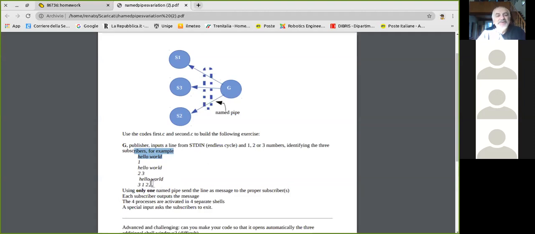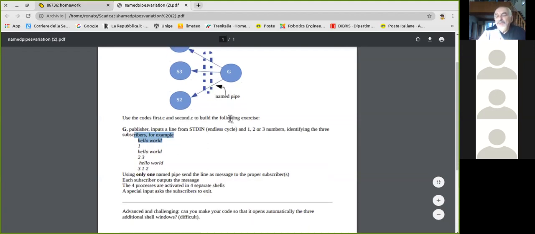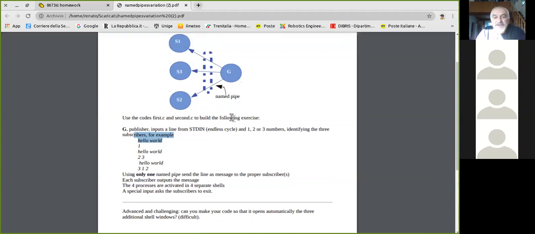Anytime you decide, you simulate the subscription, an instant subscription that is valid just for this message. So you have to find out how to do that with only one pipe, and this is similar to the solution in a more complex system. These are the general specifications.